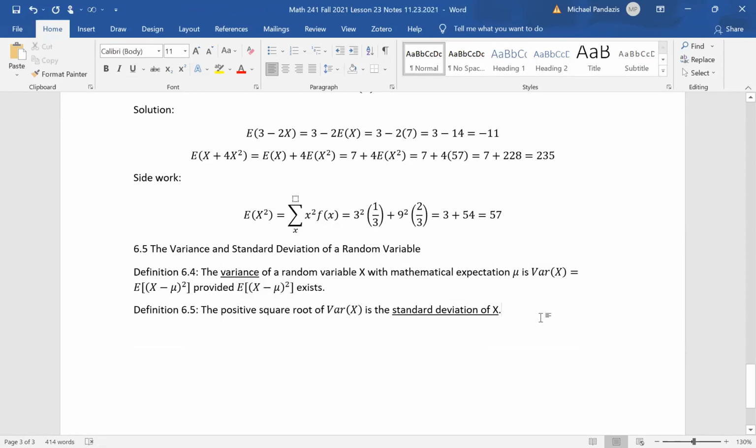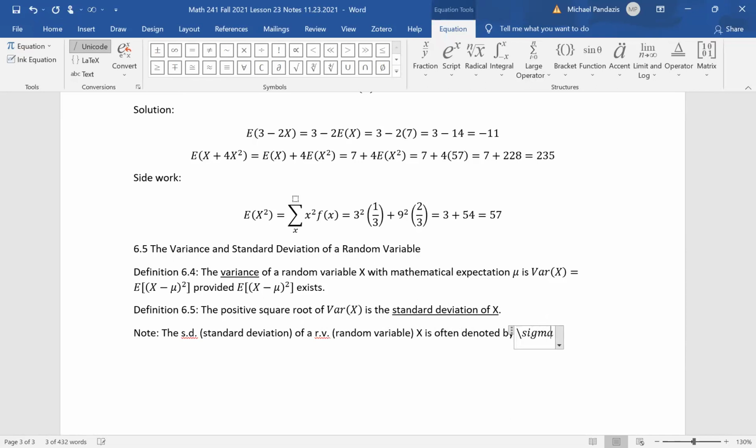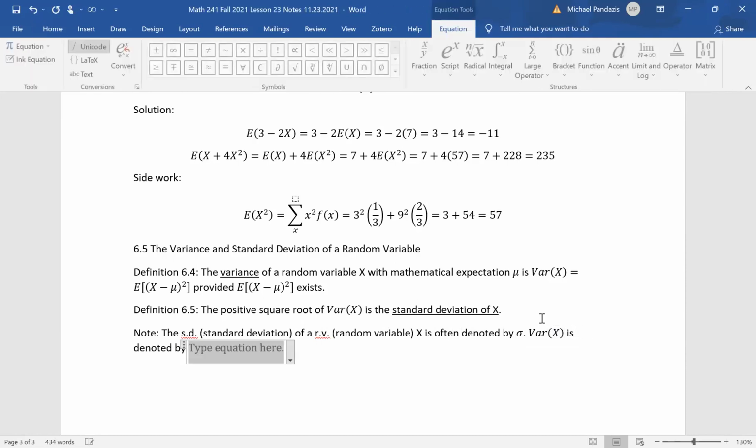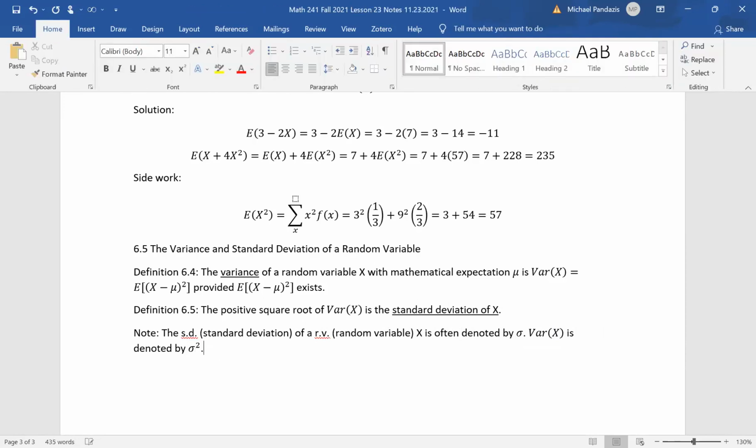Note that the standard deviation of a random variable X is often denoted by sigma, and the variance of X is denoted by sigma squared.